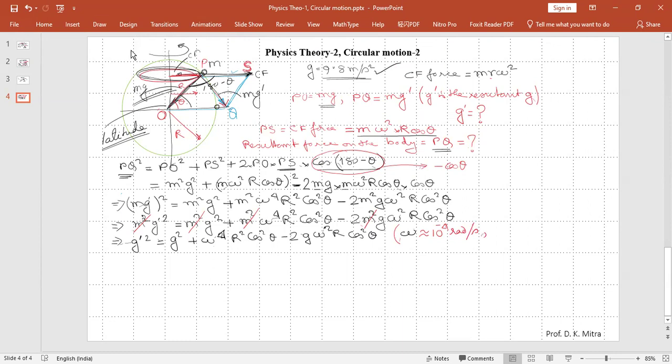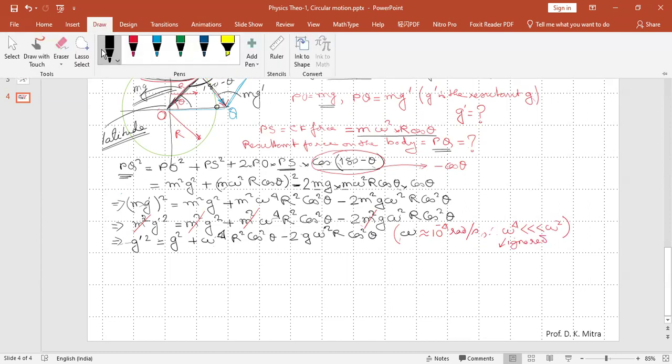As a result, omega to the power 4 is much, much less than omega square, and the omega to the power 4 term is ignored. If we ignore the omega to the power 4 term, then what do we find?